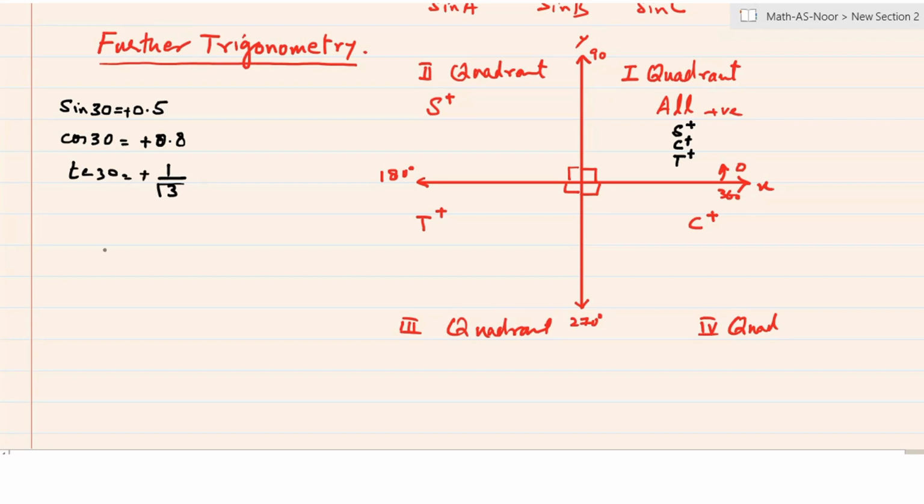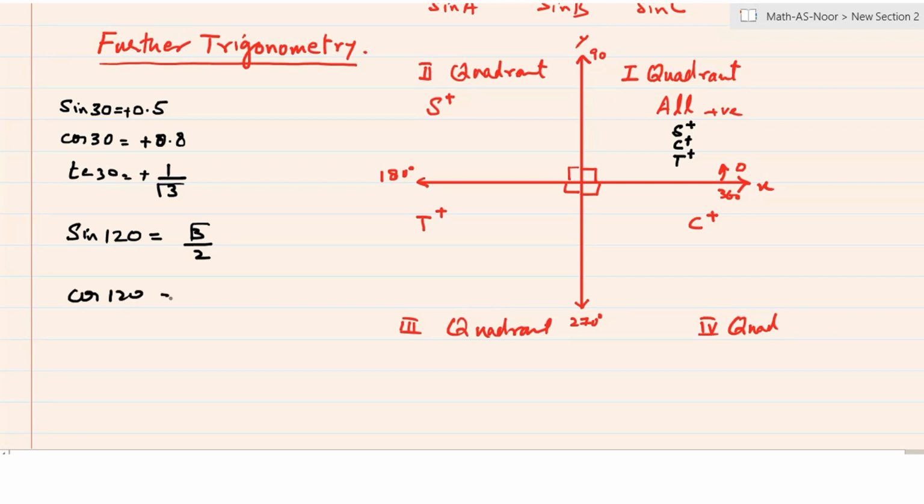It's a positive sign. At the same time, if we consider the angle in the second quadrant, the angles in the second quadrant would be greater than 90 and less than 180. It means these angles would be obtuse angles. So sine of 120 would give you the answer under root 3 by 2.